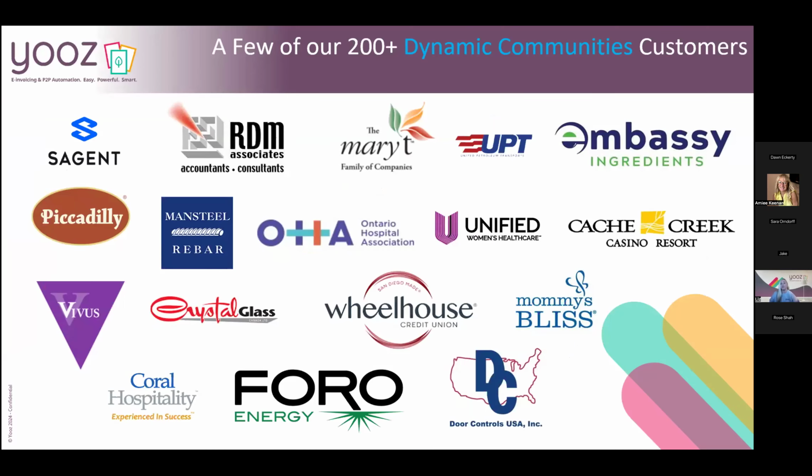So here are some of our Microsoft Dynamics customers. We have hundreds currently, and we do serve a variety of organizations. No matter what size you are, no matter what vertical you are, Yooz will be built to mirror your Dynamics finance environment.